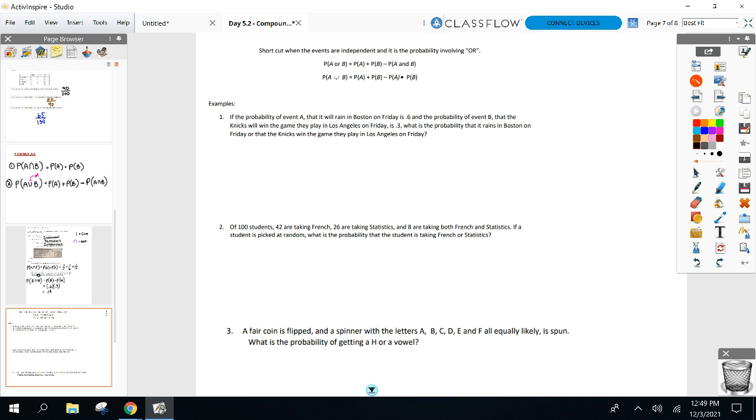My same exact Rain and Knicks winning question, except I substituted in the word or instead of and. So: Rain's in Boston or Knicks win on Friday. Here we go. Probability of Rain or win, or whatever you wrote for your letters.